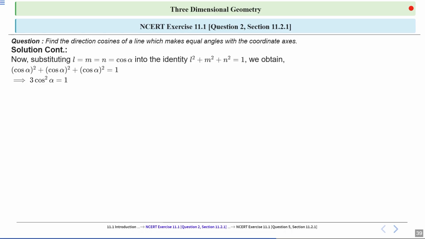It implies 3 times cos square alpha equals 1. It implies cos square alpha equals 1 divided by 3. Now taking the square root of both sides, we get cos alpha equals plus minus 1 divided by root 3.